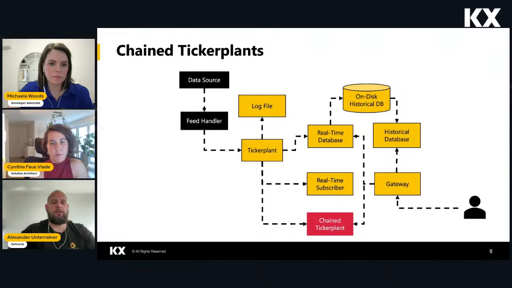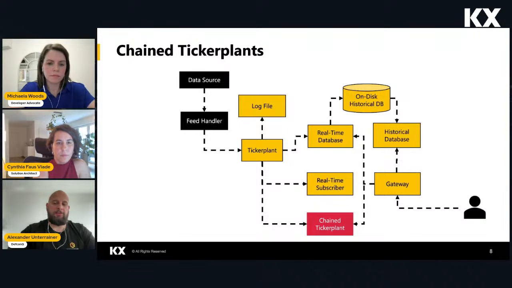the Decaplant. So in order to avoid that scenario, we design a chain Decaplant that is pretty much a subscriber to the main Decaplant, and all slow subscribers, all real-time subscribers that take more time to consume the data you're publishing, can subscribe to that chain Decaplant. You can then batch the chain Decaplant, meaning that you don't send every message as it comes in, but you wait for either a certain time period or a certain number of messages that the chain Decaplant receives.